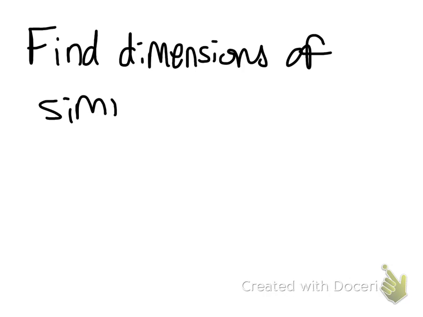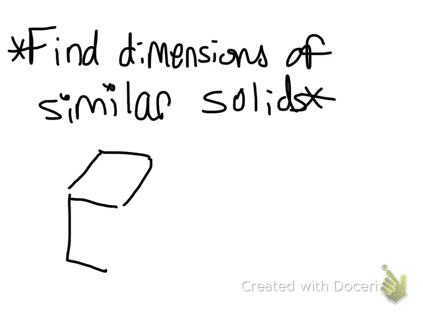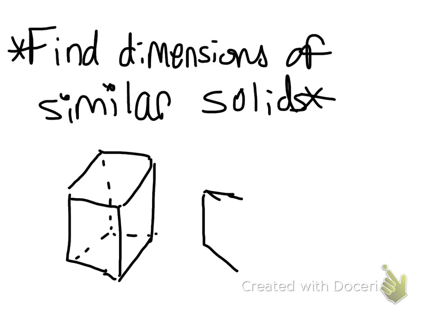So first we're going to talk about what a similar solid is. So a similar solid, say you have two rectangular prisms. They aren't the same size, okay? First off, just know they aren't going to be the exact same.